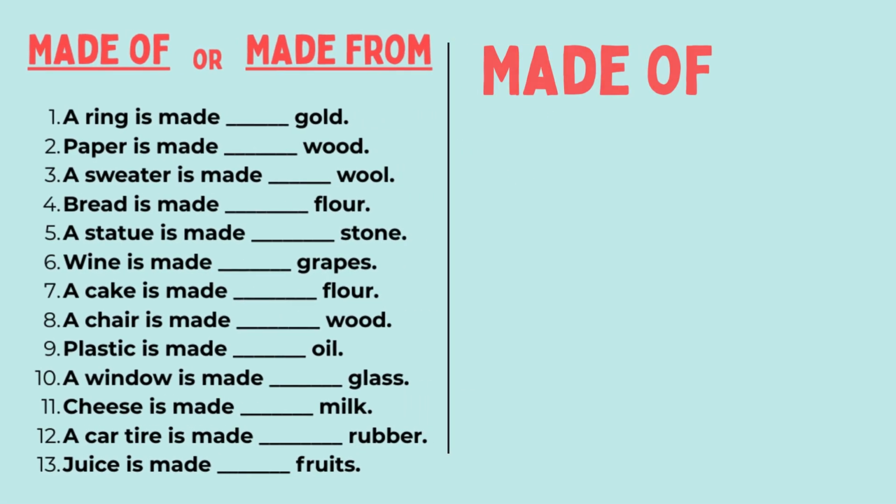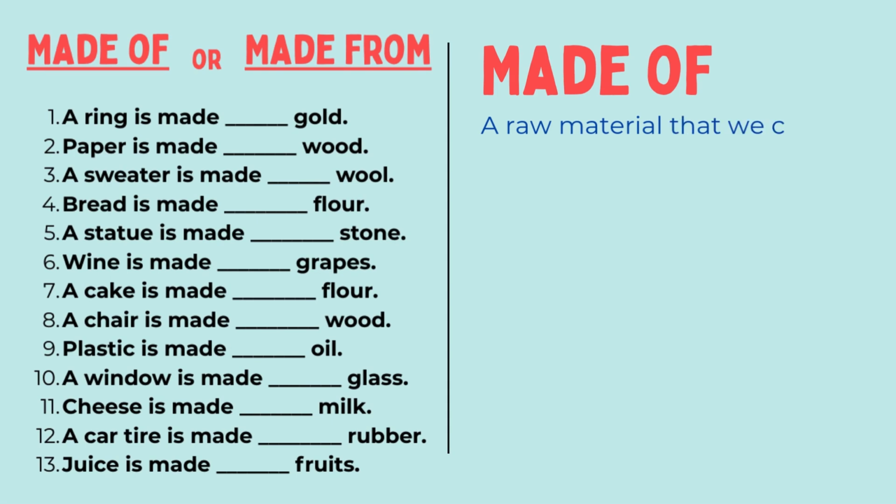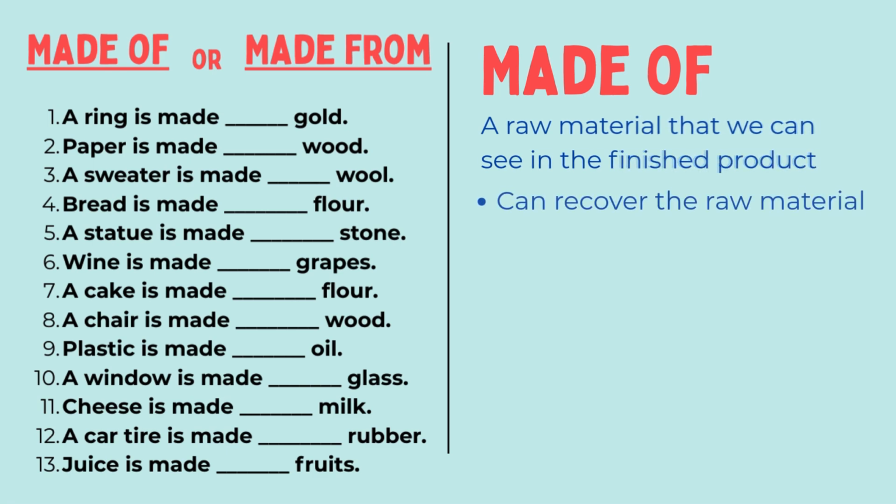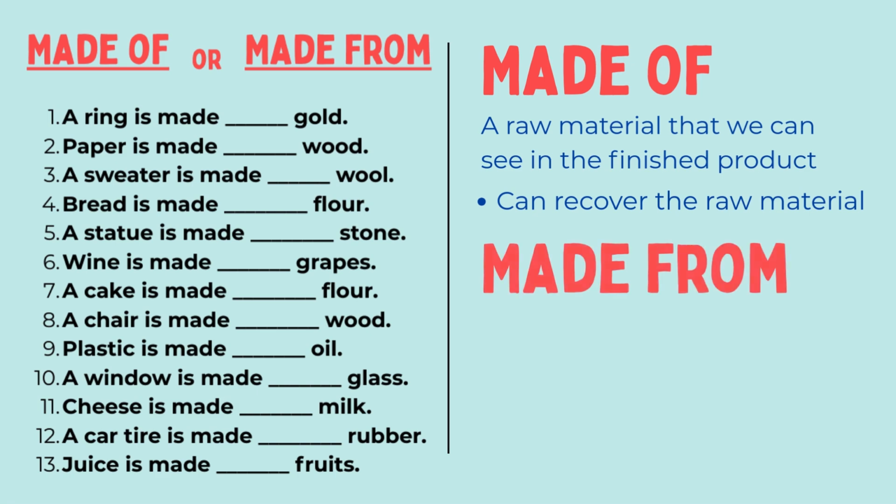Made of is used when you can see the raw material in a finished product. The raw material is a product that is used to make an object. Made from is used when you cannot see the raw material in the finished product.